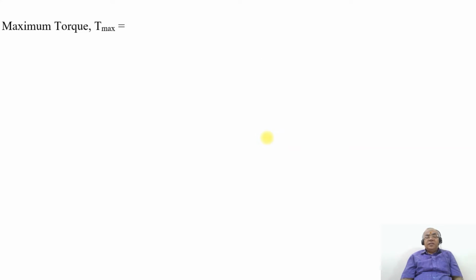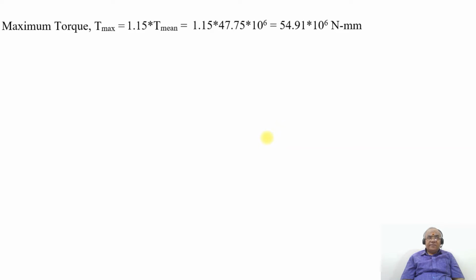So now once we get the mean torque, the maximum torque T max will be equal to 1.15 into T mean, which will be equal to 1.15 into 47.75 into 10 to the power of 6 Newton mm, which will be equal to 54.91 into 10 to the power of 6 Newton mm.